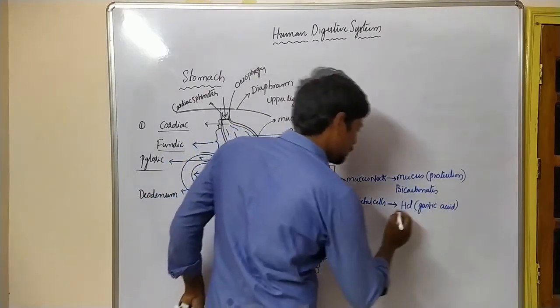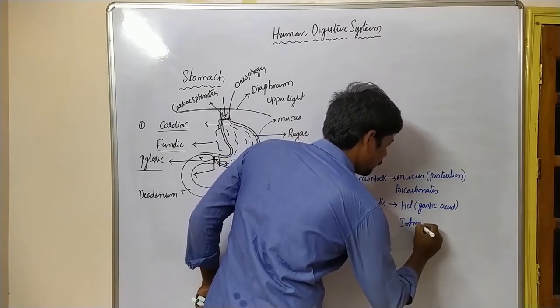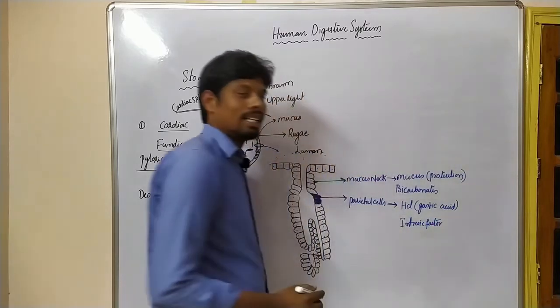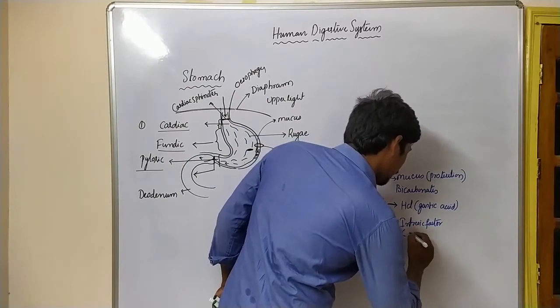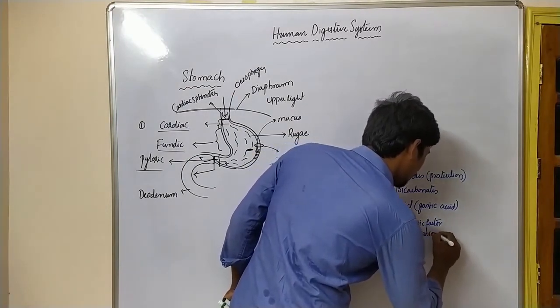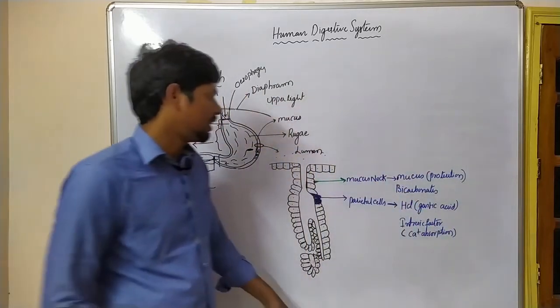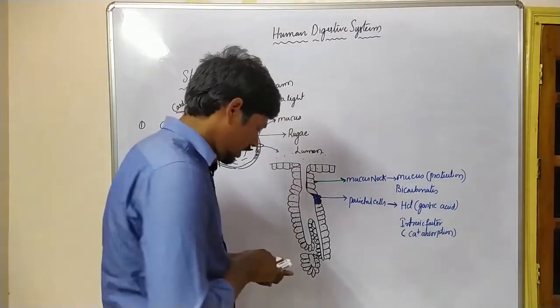At the same time, these parietal cells also produce the intrinsic factor. This intrinsic factor is essential for the absorption of vitamin B12.